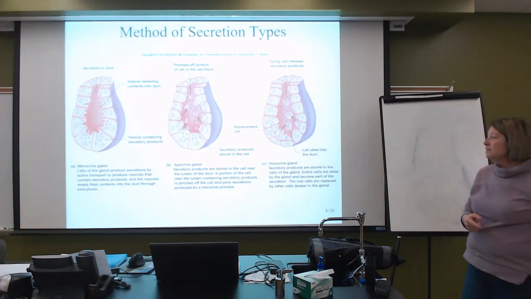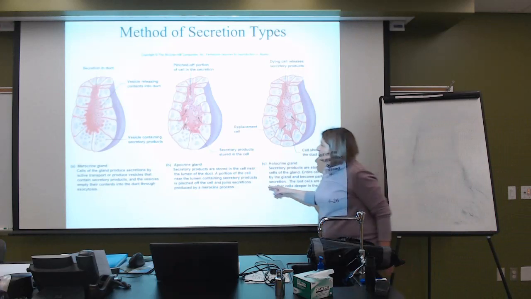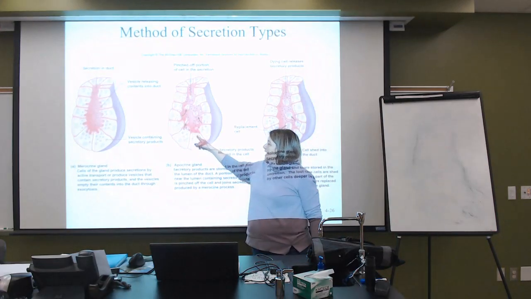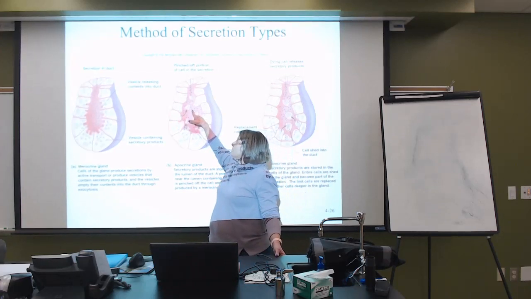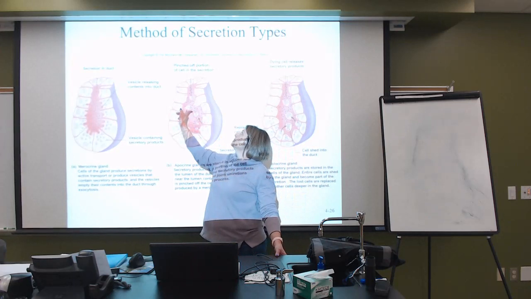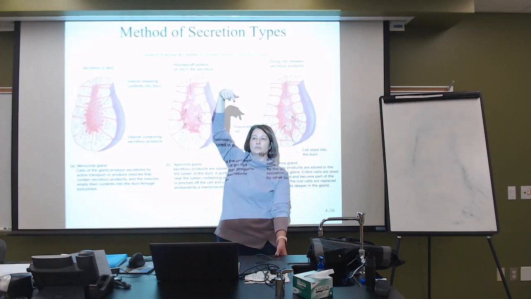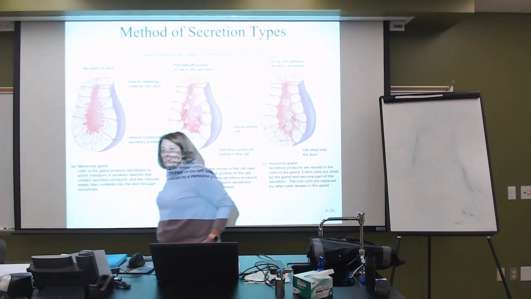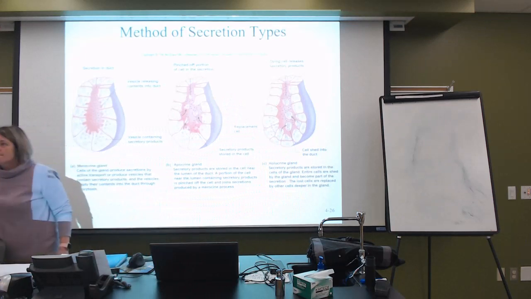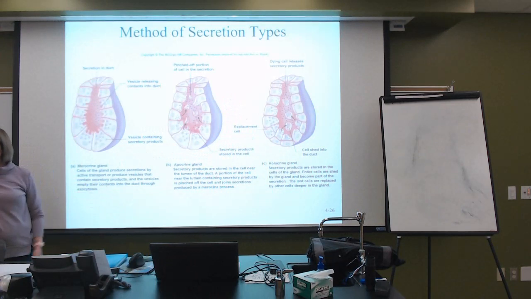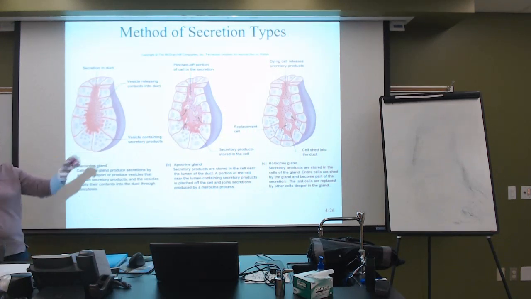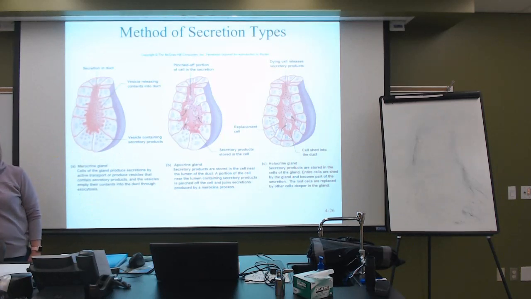So the product that gets produced, as it continues to move forward, actual pieces of the cell can break off, and the material just simply goes out of the duct. You mean like phagocytosis and pinocytosis? This would be considered exocytosis. Oh, okay. The last one, what do you notice?